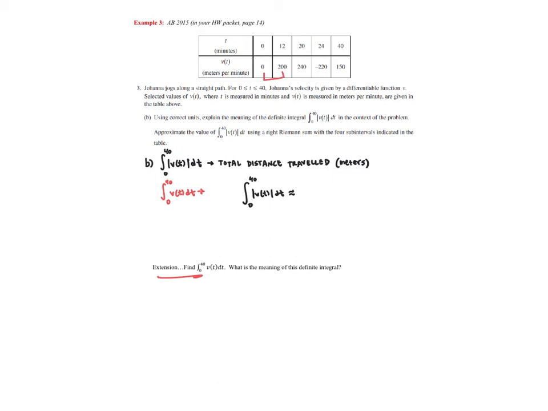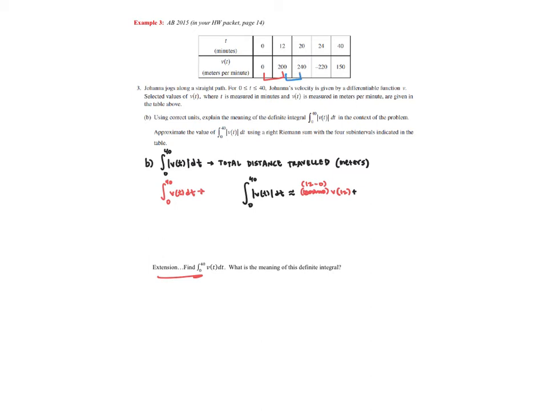A right Riemann sum. So I'm going to take 12 minus 0 times v of 12. This happens on occasion based on how they orient the table, so don't fall into that trap like I just did.